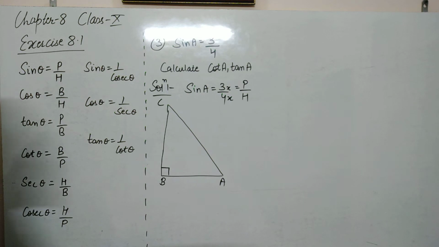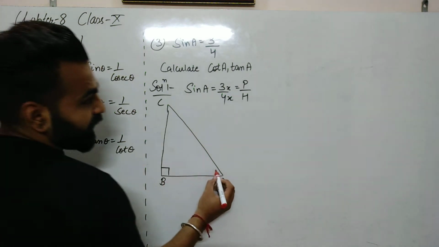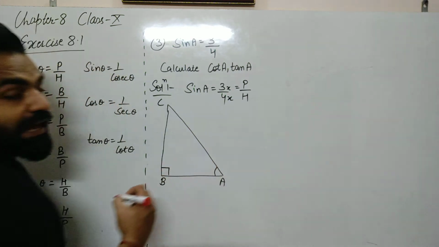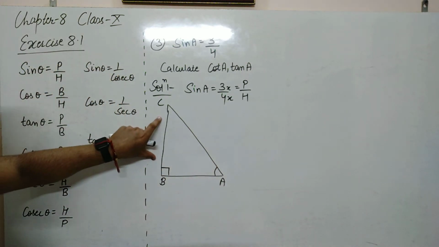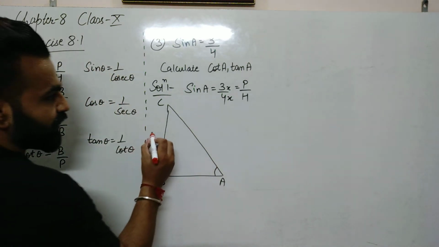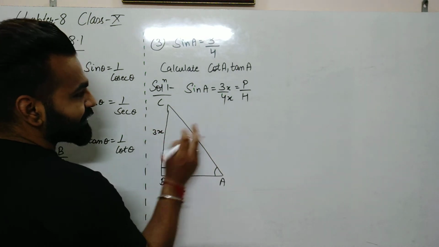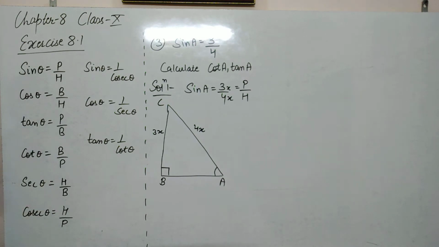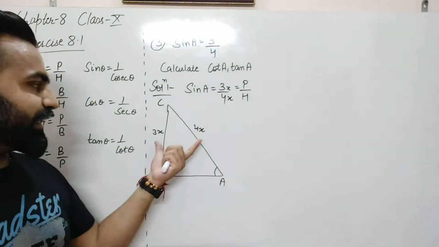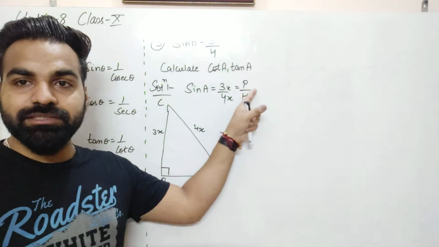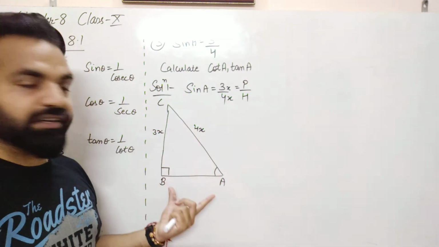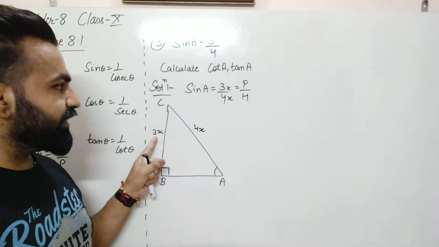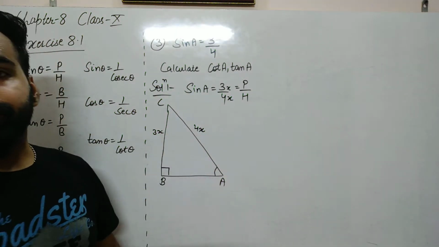So sin A is P by H. If we are talking about angle A, then this will be the perpendicular. So the perpendicular will be 3x and H will be 4x. Clear? So two sides we can find here because sin is P by H. We will construct a triangle in which P will be 3x and H will be 4x.